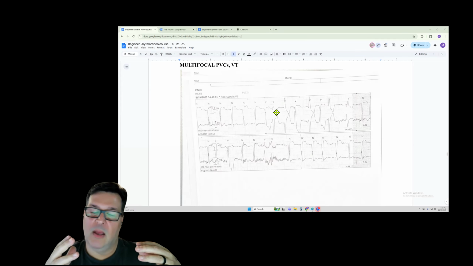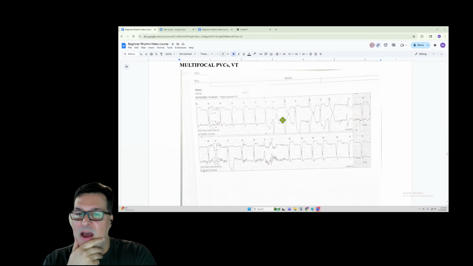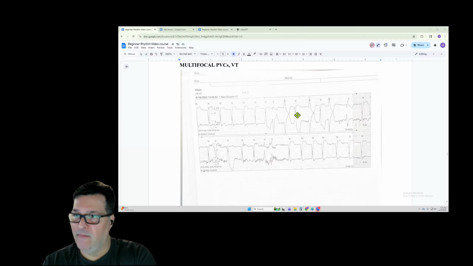So I don't know if I want to go here, but looking at V lead, when you have a big wide QRS go straight up off the baseline like that, that is going to be a left PVC. And when I say left PVC, it's coming from the left ventricle. When you have a wide QRS like this, it's coming from the right ventricle.